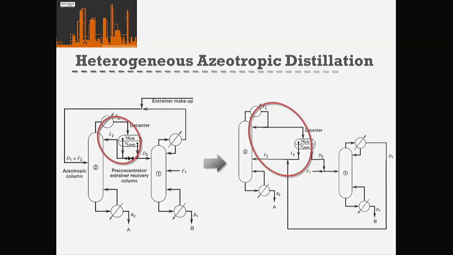Yeah? So what we can simply do is change this into a concept where we have the standard reflux model, and then what we don't reflux, we actually separate. Okay? And that allows us to simplify this into a standard distillation column, followed by a simple liquid-liquid separation.